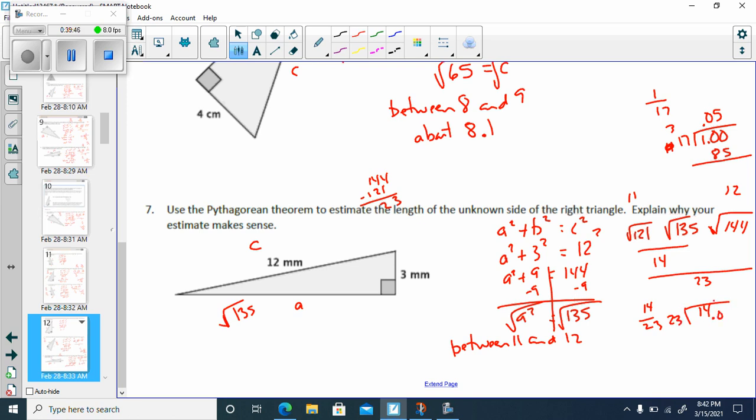Can't go into there. We got to have a decimal. How many times will 23 go into 14? Let's try 7. 7 times 3 is 21. That's 14, 15, 16. No, that's too much, okay? Let's try 6 instead, all right? 6 times 3 is 18. Carry a 1. 2 times 6 is 12. That would be 13. So that's 0.6, okay? That would be about 11.6.